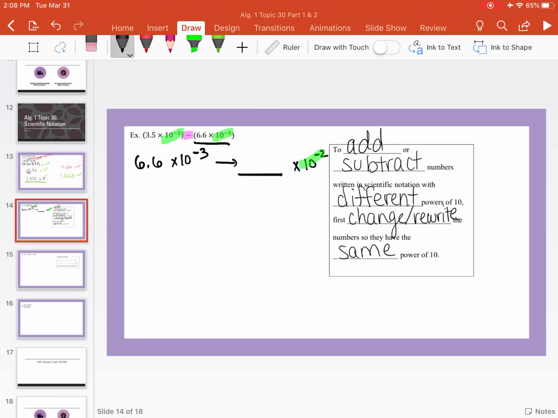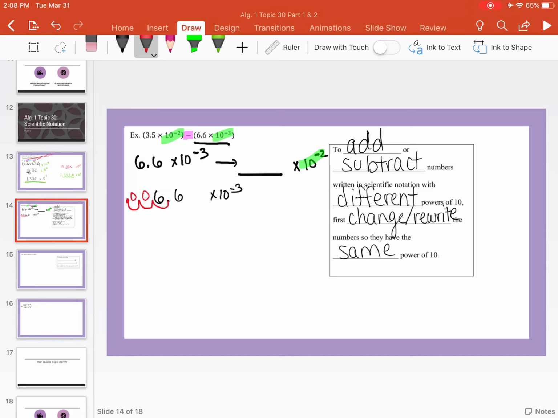So what I like to do is, if I have 6.6 times 10 to the negative third, if I move my decimal place, this is telling me that the number I'm dealing with, if I move it to the left 1, 2, 3 spots, is 0.0066.